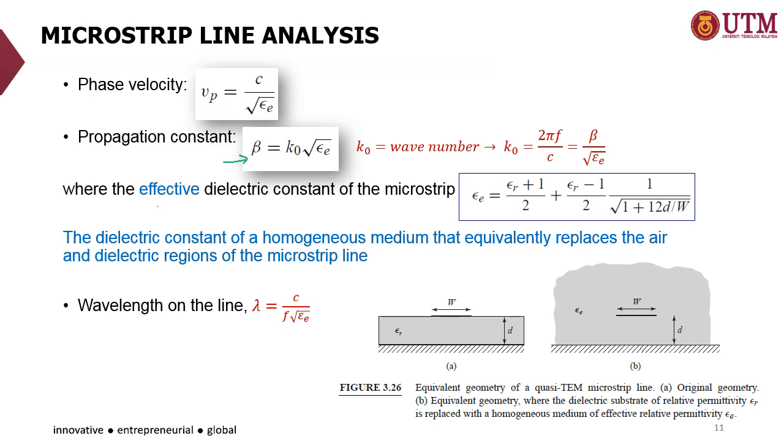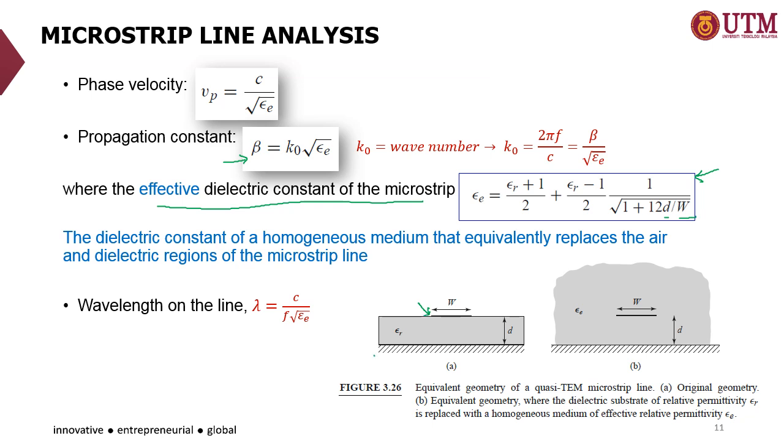The effective dielectric constant of the microstrip can be calculated by this equation, in which you have the d and also the width. The d is the height or thickness of the substrate material that separates the microstrip line from the ground plane.